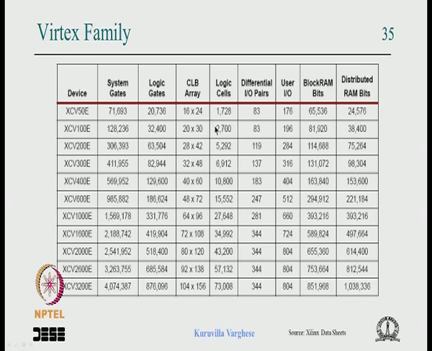So I would say that the important things to look at are the number of CLBs, the number of pins, and the number of block RAM. And when you encounter the latest FPGAs, definitely you have to look at the number of PLLs available, maybe the number of DSP blocks available, all that. But there are things which are not useful, like the number of system gates and logic gates. These are equivalent gate counts, and it is not very clear how that is calculated.